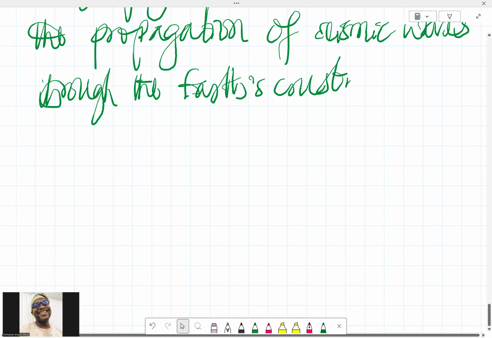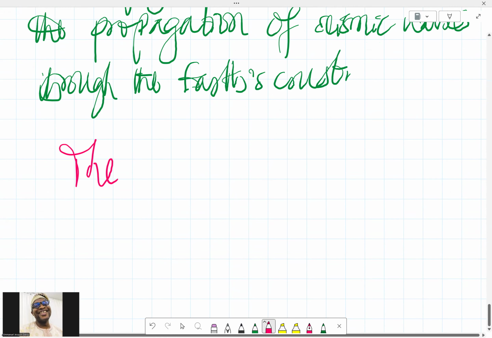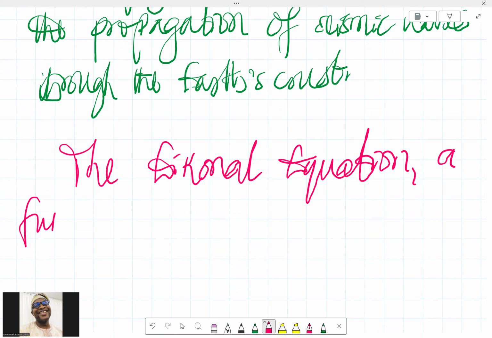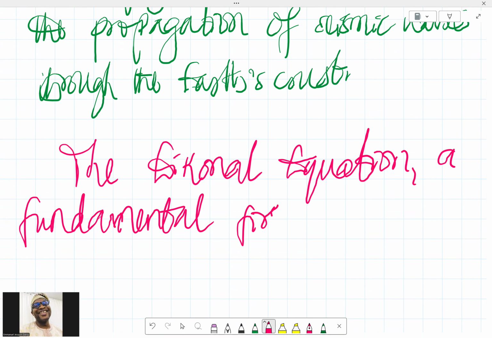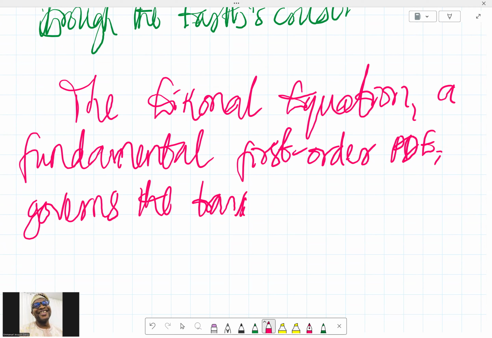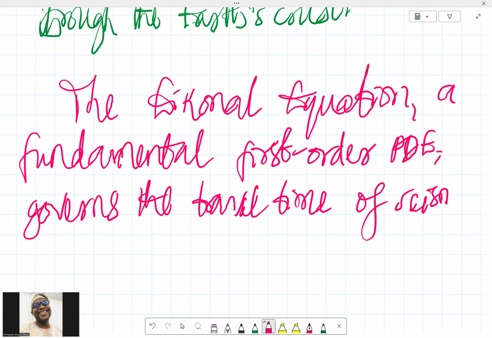And then the eikonal equation, a fundamental first order PDE, governs the travel time of seismic waves.